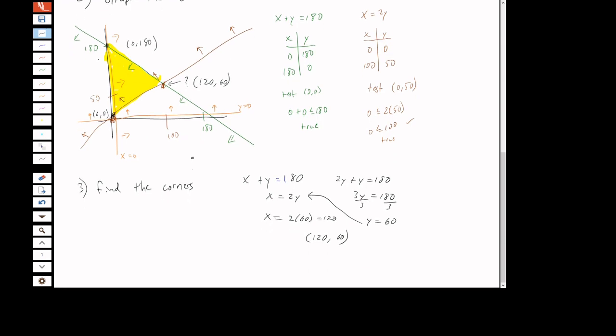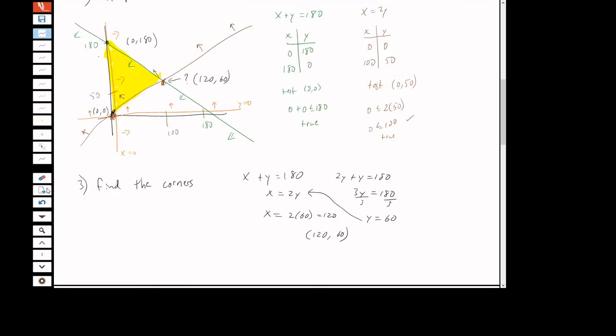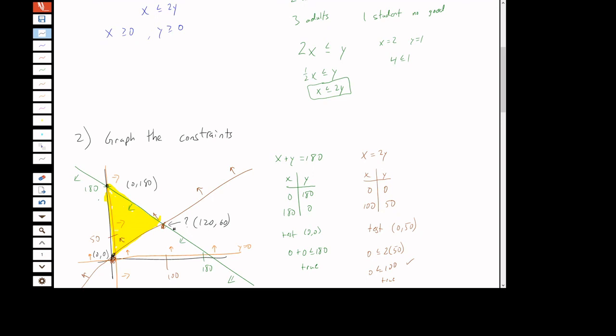All right, our final step is going to be to test all of the corner points in the objective function. Okay, so I'm going to make a little chart: z, x, y, and I put in my corner points. So we had 0, 0, we had 120, 60, and then we had 0, 180.